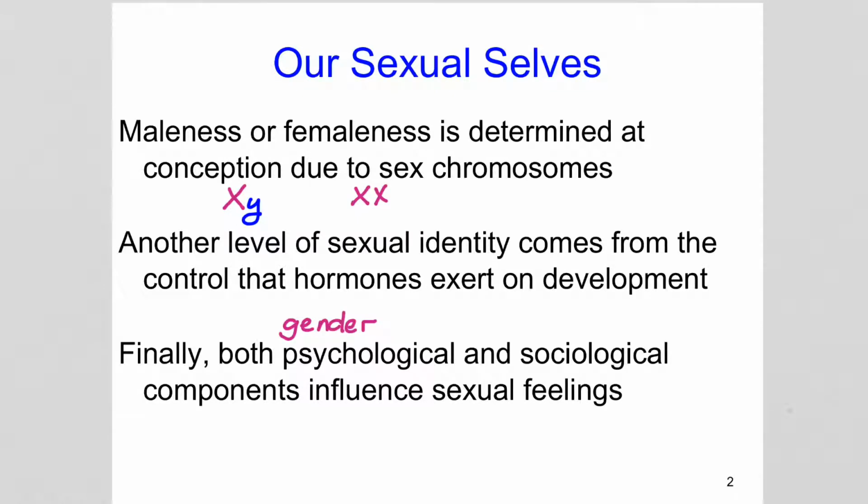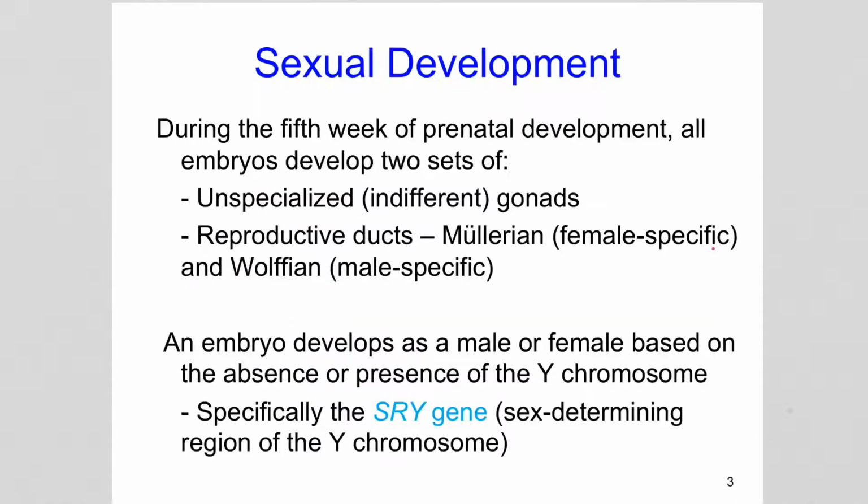That relates to both psychological and sociological components that influence sexual feelings. So this can sometimes be completely different than what an individual actually inherits in terms of the genes influencing their sex. Just a reminder that we have a biological level that influences things, but there's another level that influences and contributes to gender identity.